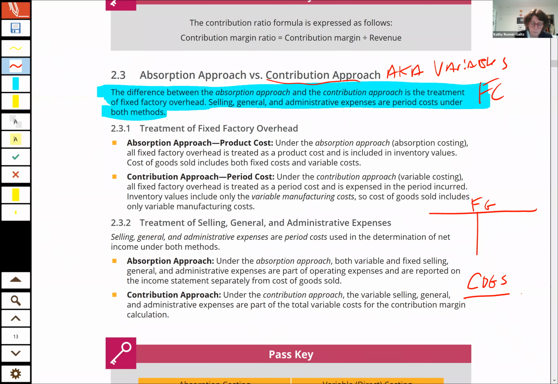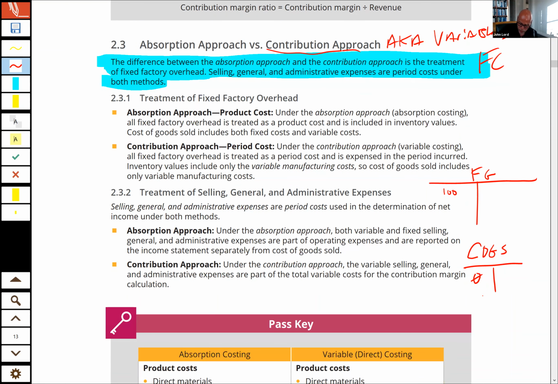Now, under absorption, I'm just going to focus on fixed costs. Don't worry about variable costs right now. So I have $100 of fixed costs sitting here, and I don't sell the item. So what is my cost of goods sold going to be? 0. Nothing. Good. So my cost of goods sold is 0 because I haven't sold those things.